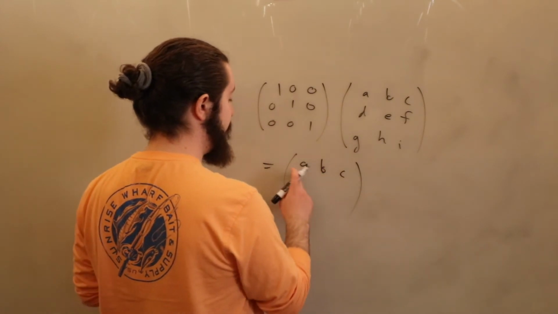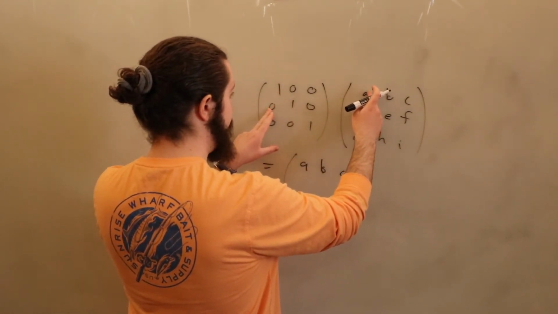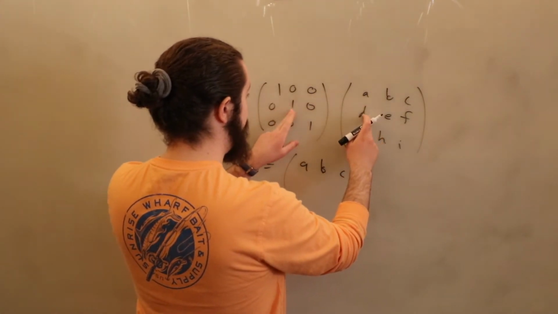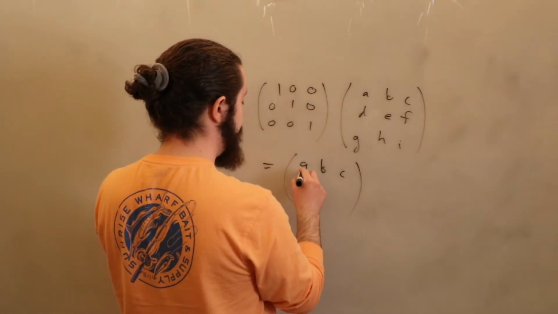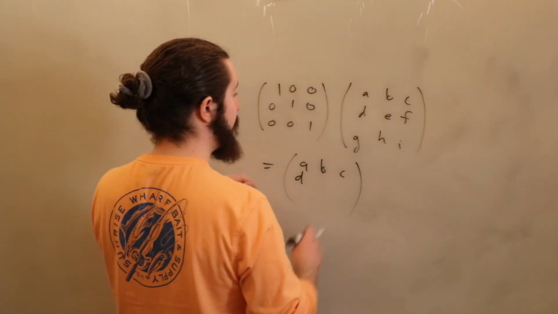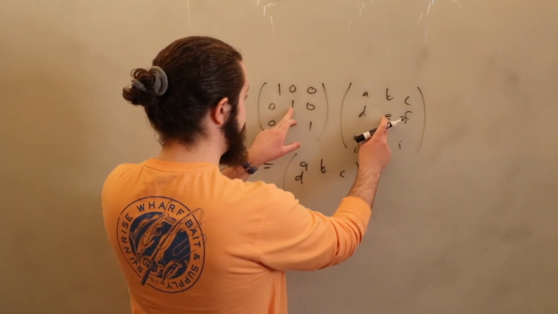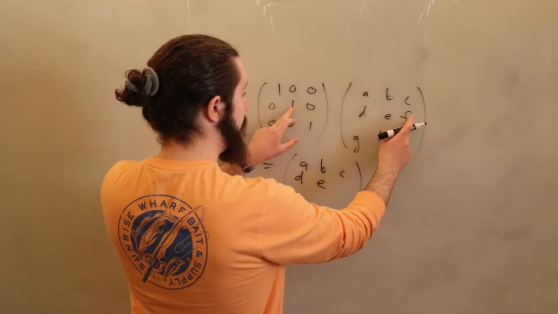What about for the second row here? Well, we move down a row, start over again on this first column, 0 times A plus 1 times D plus 0 times G. Well, that's just going to be D. Similarly, these two are going to be 0 and this is going to be 1. So E, 0, 0, 1.